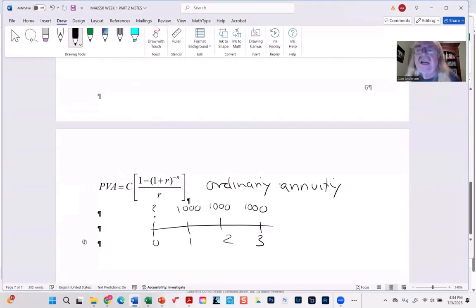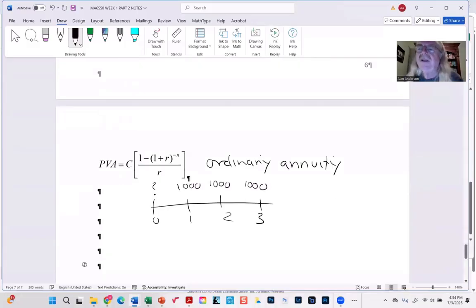You can easily see how useful this would be for retirement planning. Imagine yourself sitting down and saying, when I'm retired, I would like to be able to withdraw, let's say, $200,000 a year for the last 20 years of my life. That would tell you how much you have to save now to get to that point.